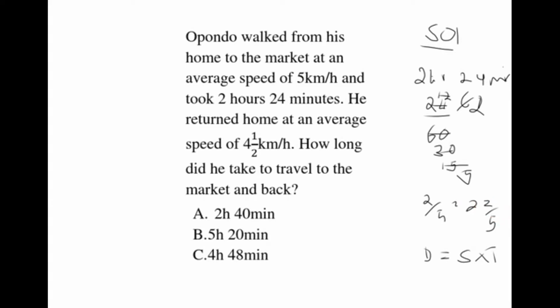Therefore, we multiply 5 times 2 and 2 over 5, which is 5 times 12 over 5. Simplifying by 5, the distance is 12 kilometers.